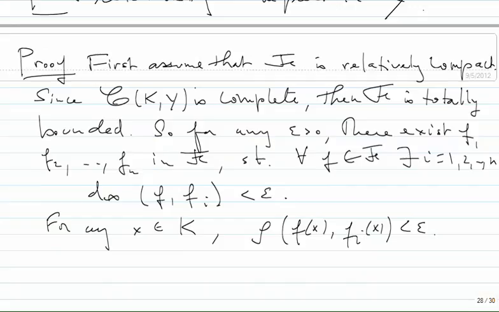Or f of x is in the union of the open balls centered at fi of x with radius epsilon, i between 1 and n.